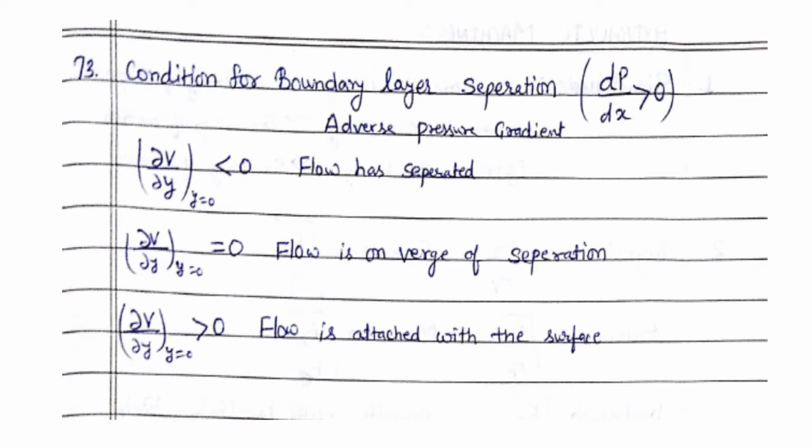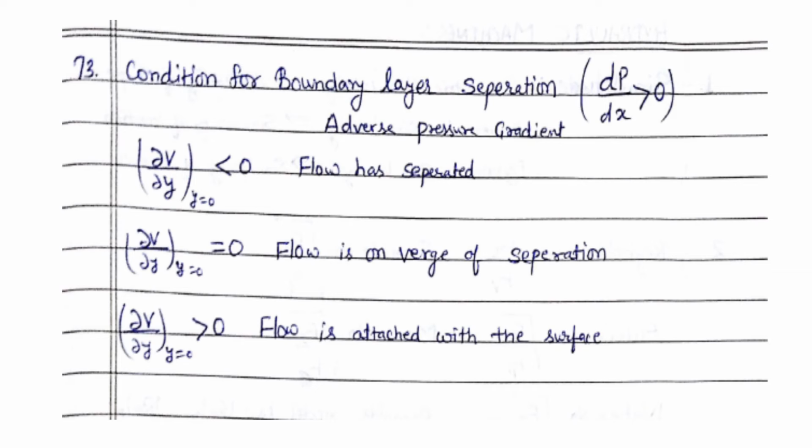Now the condition for the boundary layer separation: if the adverse pressure gradient is there, then this boundary layer separation will occur. So dP/dx greater than 0 means if the pressure is increased in x direction, then this adverse pressure gradient occurs and the boundary layer will separate. Now there are conditions. If ∂V/∂y is less than 0, then it means the flow has already separated.